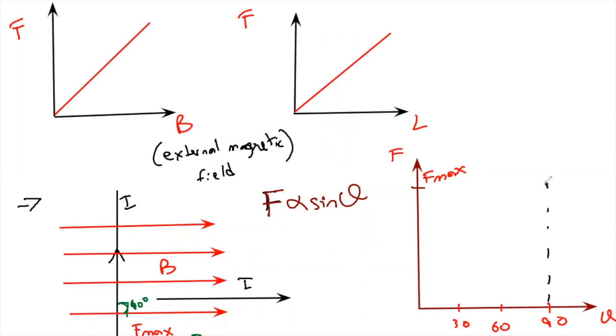So it's going to be a curve with decreasing gradient. At around 30 degrees, we're going to have F max divided by 2. My diagram is not that accurate, so apologies, but at 30 degrees, according to the actual graph, you should have F max divided by 2.